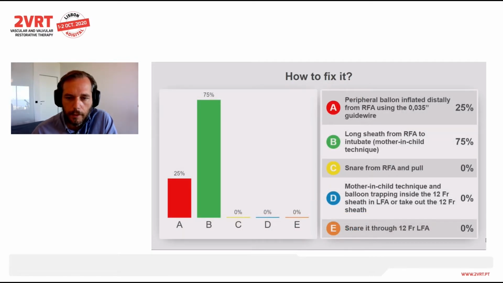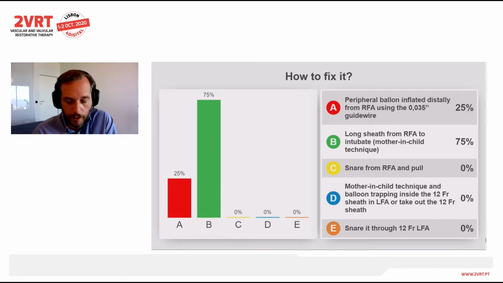So maybe the one that seemed more feasible to everybody was to use a long sheath from the right, to try to put a sheath over the tip and retrieve it like that. So let's see what happened.